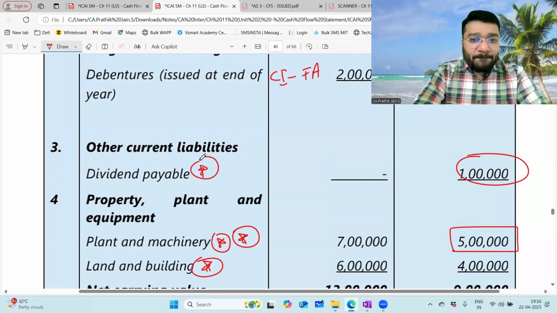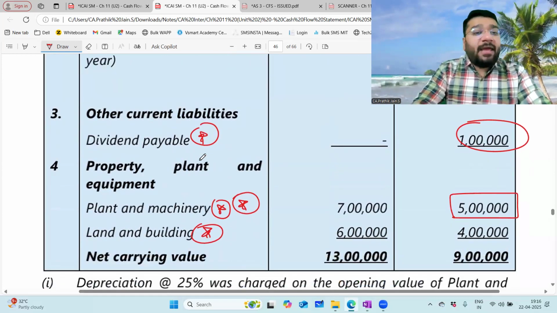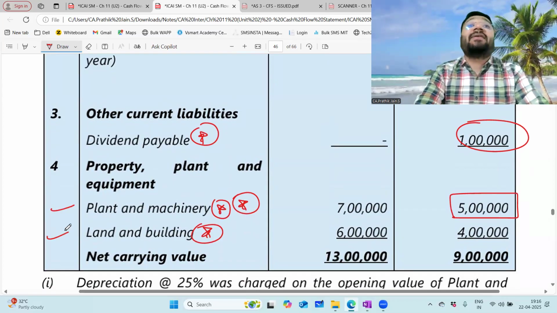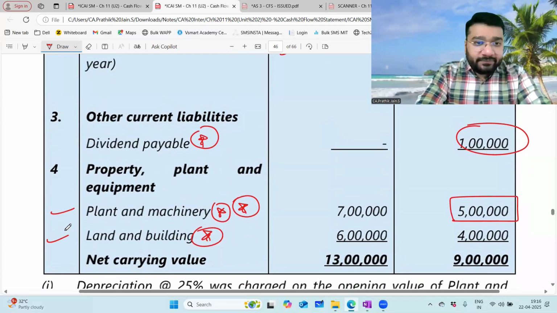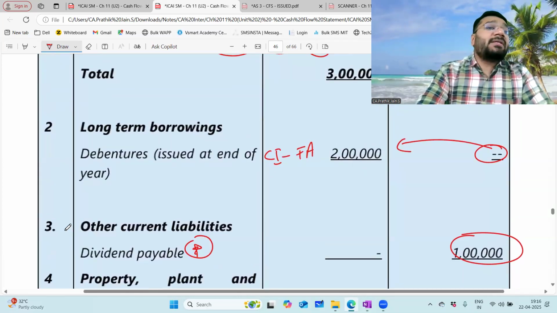Okay. Now, plant and equipment, land and building, everything over. When I open the plant and machinery, land and building ledger, I'll get to know which activity is affected. So now I cannot tell anything. Debenture interest, what will you do? Debenture is issued at the end of the year.